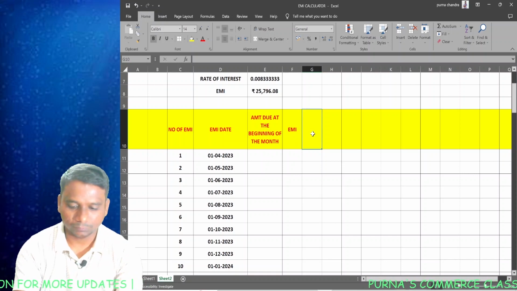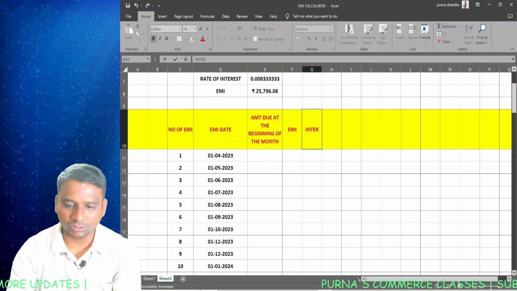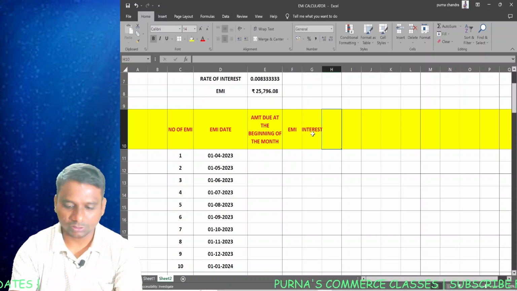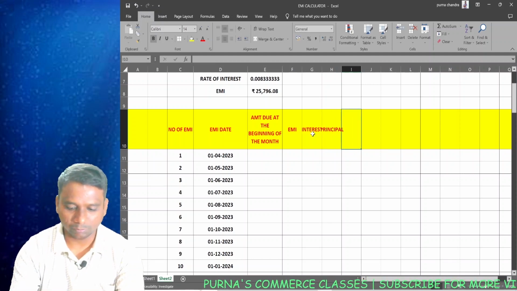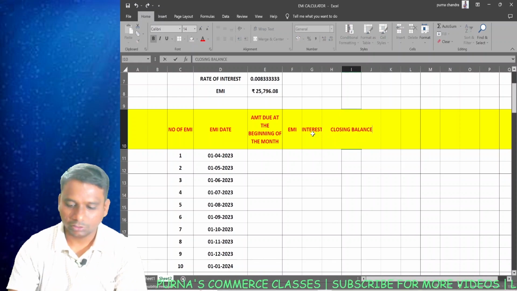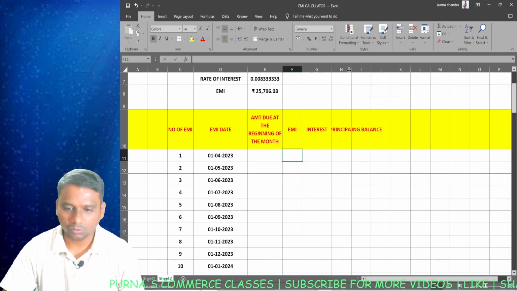Okay, next interest portion. Out of this EMI, how much is interest portion and how much is principal portion? I have to divide principal portion and the balance, closing balance. So these are the column information I need. Yes or no? Okay, right.